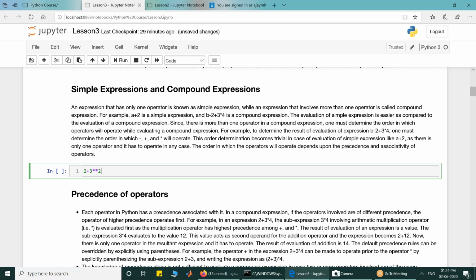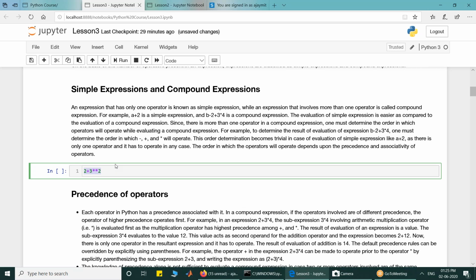But now if I make it 2 plus 3 star star, which stands for the exponent operator, there are 2 operators involved: star star, the power operator, and plus, the second operator. Now when more than one operator is involved, the expression becomes a compound expression.